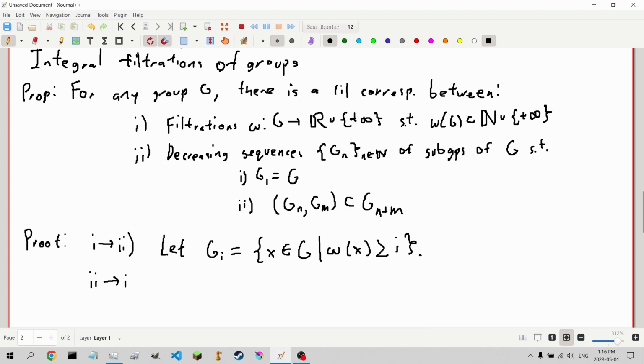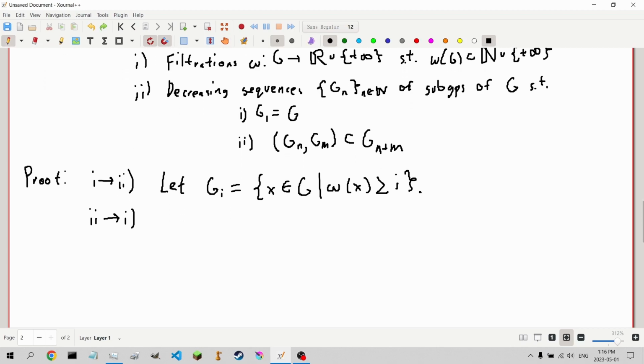And so the second direction is the more interesting one. Let x be an element of G. We have this decreasing sequence and we need to define a filtration.